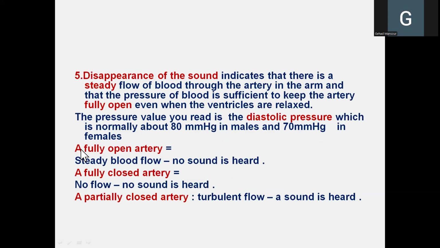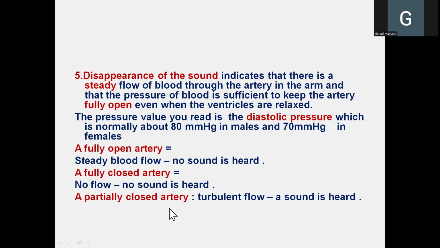So to summarize, when we have a fully open artery, we have a steady blood flow, and no sound is heard, for example, below 80 millimeters mercury. When we have a fully closed artery, like when we raise the mercury above the maximum systolic pressure, there is no flow, and no sound is heard.